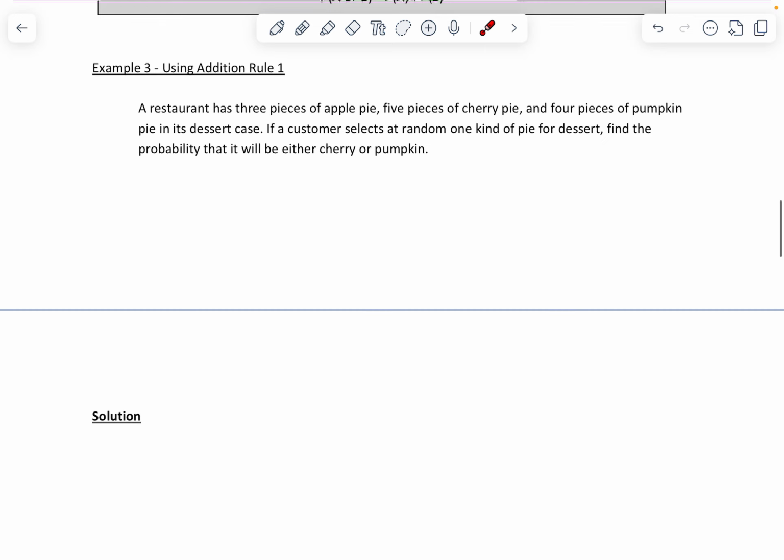These events are mutually exclusive because if you're selecting a piece of pie, there's no way that it could be both cherry and pumpkin at the same time. It can be one or the other, but not both. So we're talking about the probability of cherry or pumpkin.